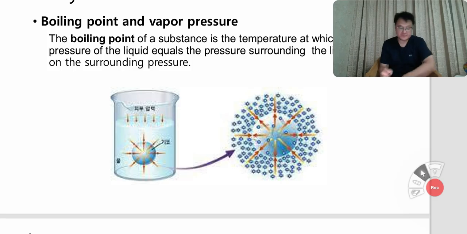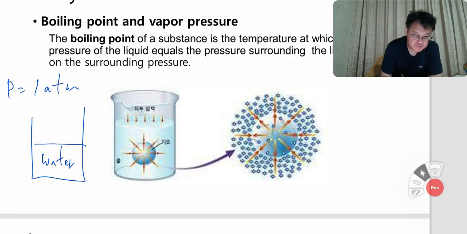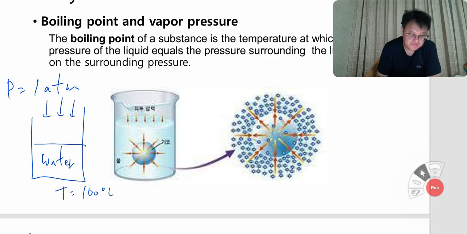So we know that when you have water at 1 atm of pressure, when the temperature becomes 100 degrees Celsius, then it boils, right? So this is the boiling point.